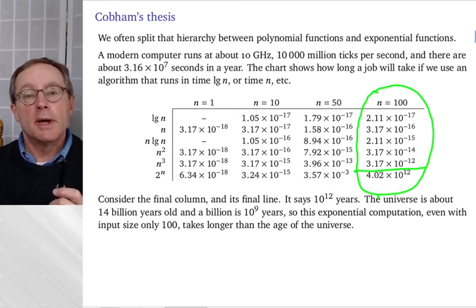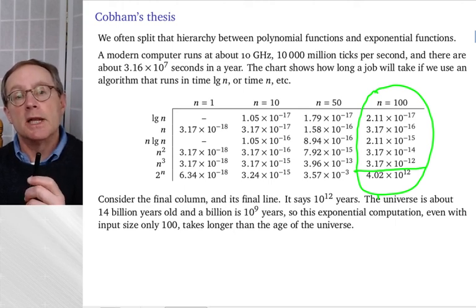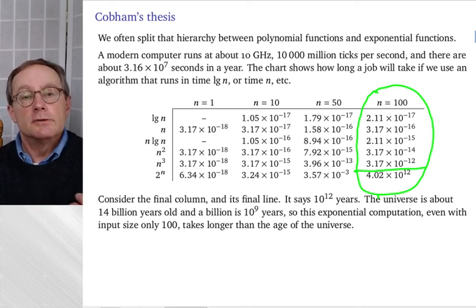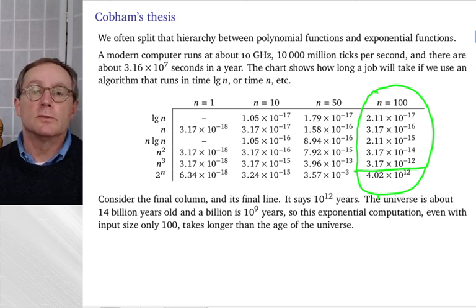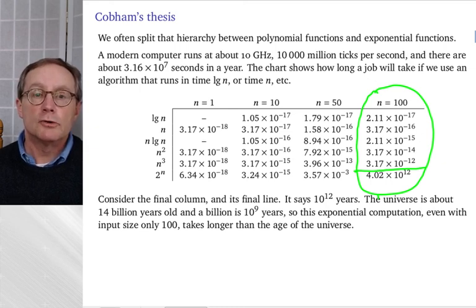If a problem has an algorithm that runs in polynomial time, that's a first whack at the meaning of the word tractable. We can at least vaguely consider that problem doable. But if you have a problem whose best algorithm is exponential, then we can't consider that problem doable. Okay, so Cobham's thesis is that problems with polynomial time algorithms are tractable.